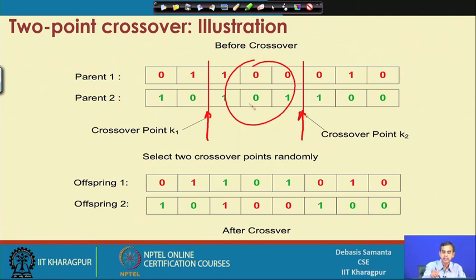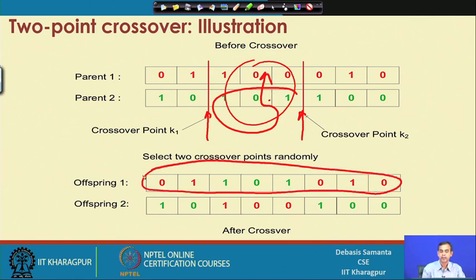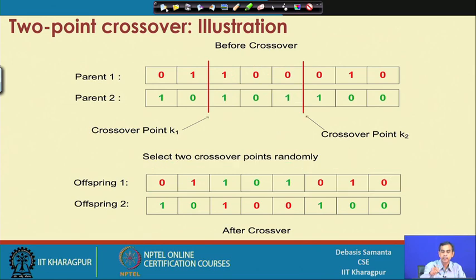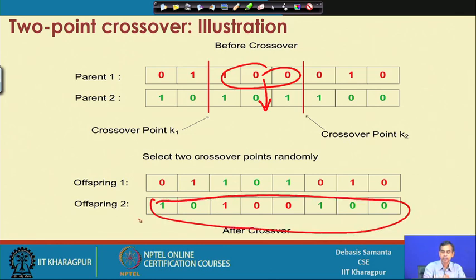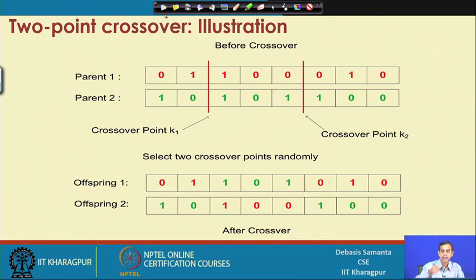If we take the swap, if this part goes there, then it produces this offspring. And if we consider the swap, this part is here, and then this offspring will come. So, this way the two offspring can be obtained, in fact two new solutions are obtained. This is the way reproduction is carried out in genetic algorithm.